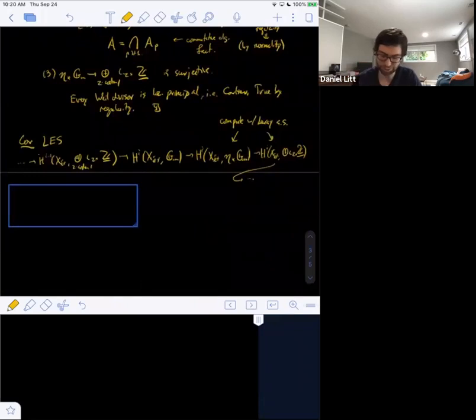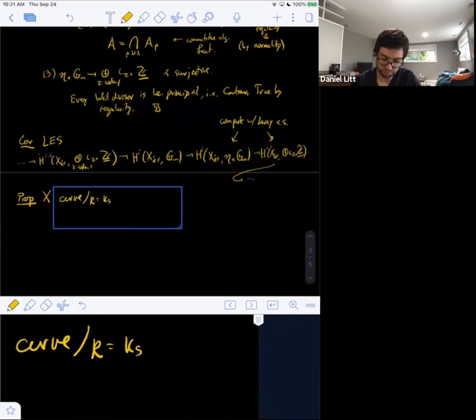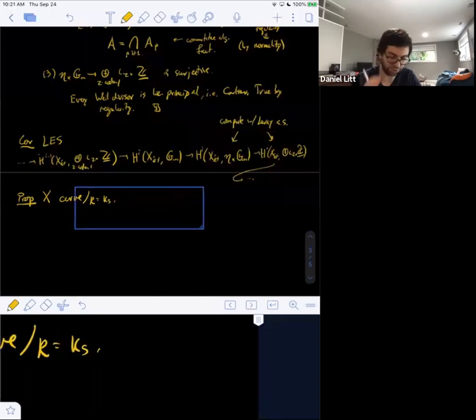So let's use this corollary. Okay, so let's actually start computing these groups. So first of all, suppose X is a curve over a separably closed field. By curve, I guess what I'm going to say is actually true with no assumptions, so I'll just say a curve.